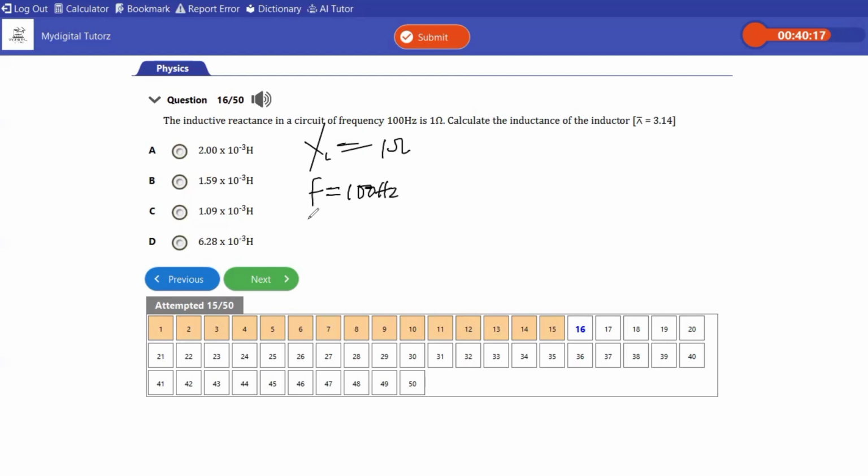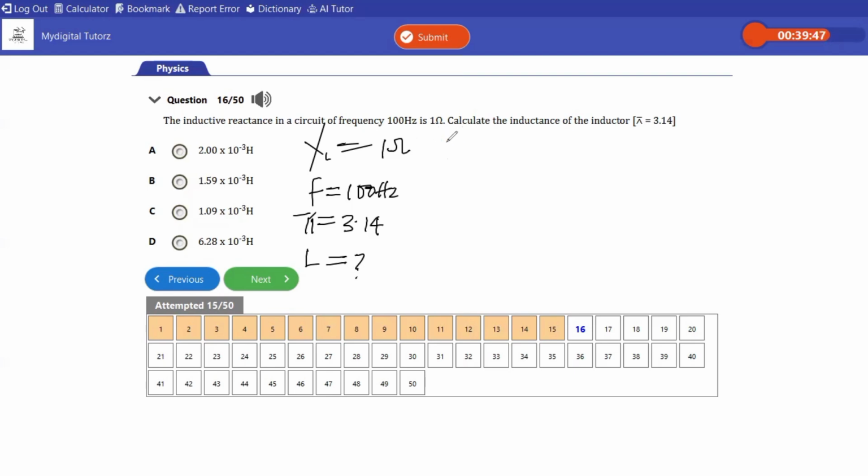You are given pi to be equal to 3.14. Remember, we are asked to calculate the inductance of the inductor, that is L. This is a question from AC circuits, where the inductor is the opposition to the flow of the AC current.